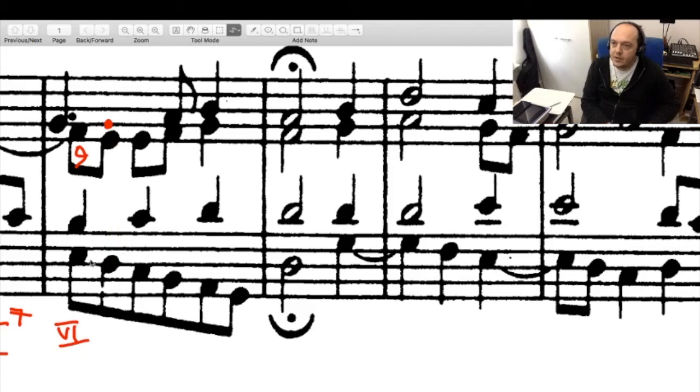Now, that's still chord 6, 7, D, because the 7 is in the bass now. That's E minor, Mi, Sol, another Mi, and the Mi, Sol, Si, yeah, Re in the bass.